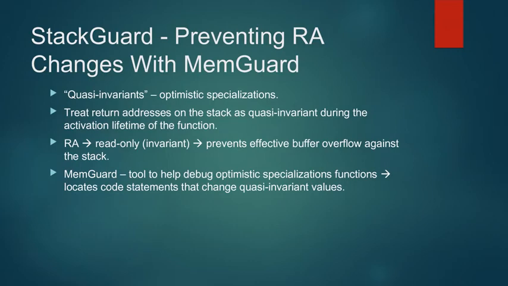MemGuard prevents buffer overflow by protecting a return address when a function is called and unprotecting it when the function returns. This is made to occur in the same places as the canary word placement and checks occur, leaving only a slim chance for a buffer overflow to go undetected by both mechanisms, canary and MemGuard.